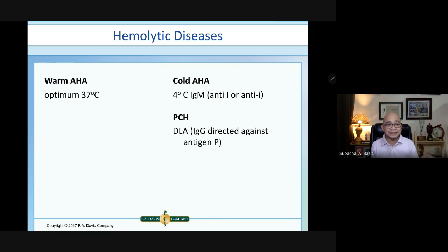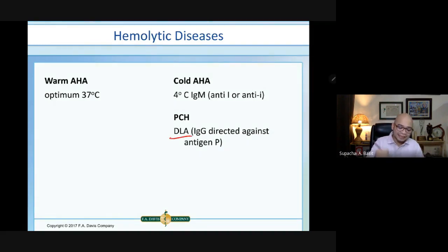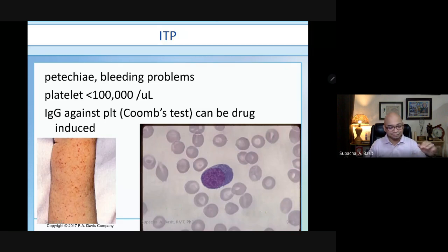But if the antibody reaction becomes optimum at 4 degrees, then it is known as cold autoimmune hemolytic anemia. And then we also have PCH, or paroxysmal cold hemoglobinuria. This one is caused by DLA, or Donath-Landsteiner antibodies. The IgG is directed against the antigen.